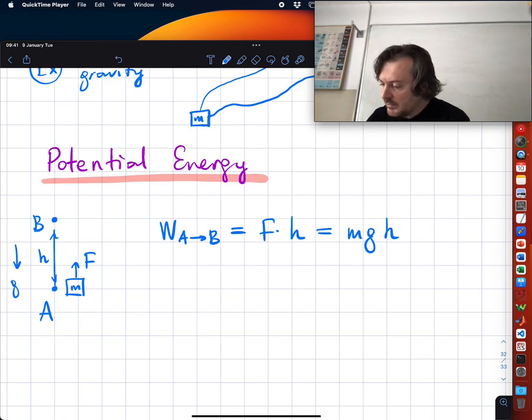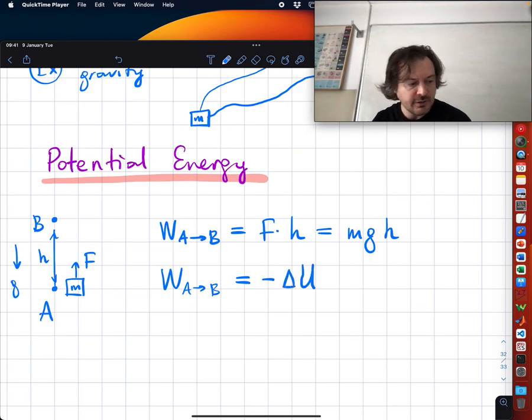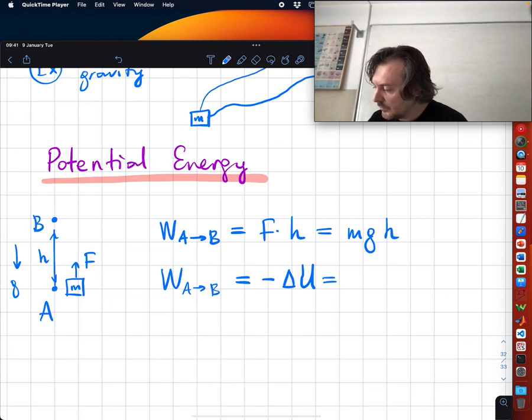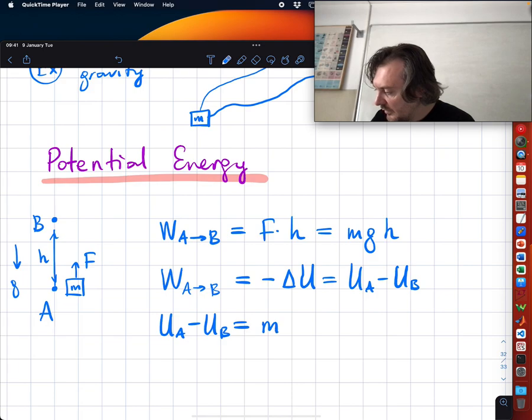This work done is equal to negative of the change of the potential energy of the system. So UA minus UB. UA minus UB is mgh, not mgh, negative mgh.